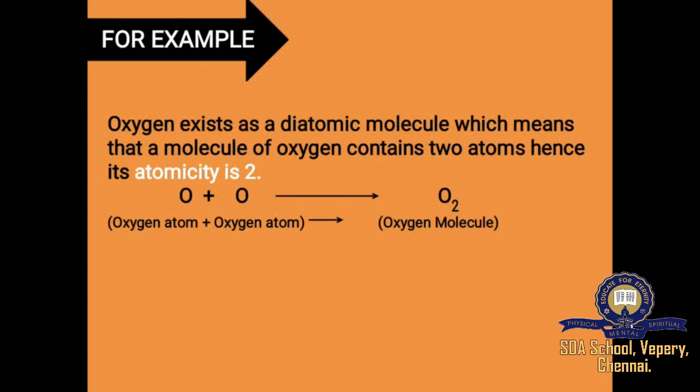So oxygen is O. O plus O gives O2. An oxygen atom plus an oxygen atom gives an oxygen molecule. So two atoms of oxygen combine to form an oxygen molecule. Therefore, its atomicity is 2. I hope you all understood what atomicity is.